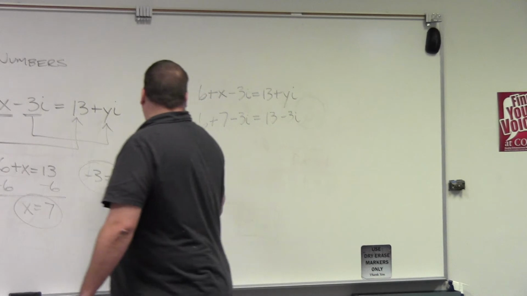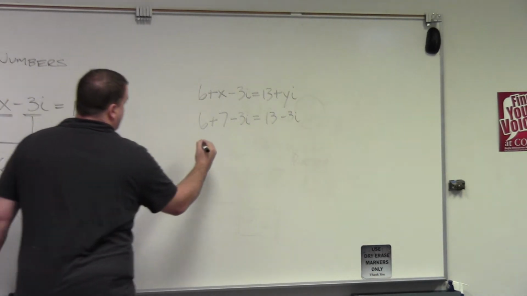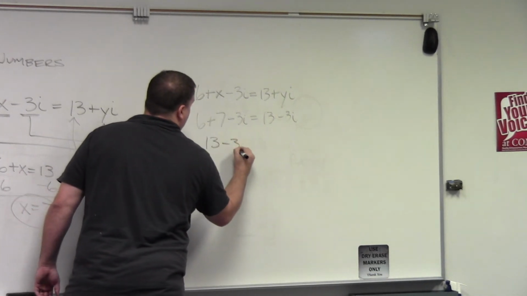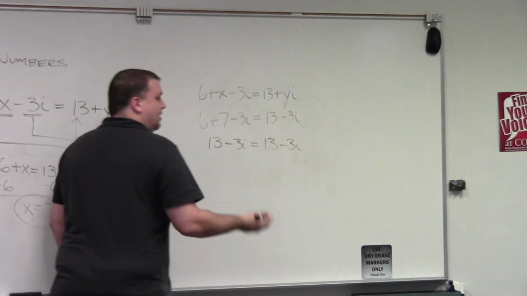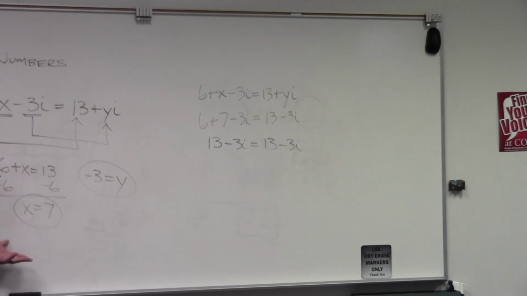What's 6 plus 7? 13. So 13 minus 3i equals 13 minus 3i. Do I have the same thing on the left and right side? It works. We're just finding the values of x and y that will make a true statement using what we know about complex numbers.